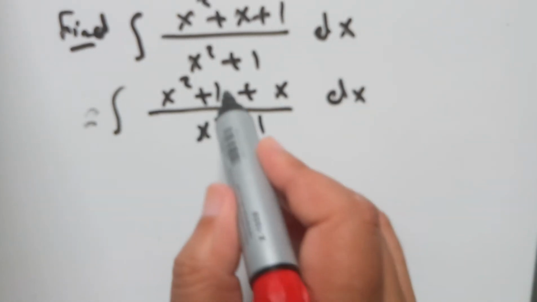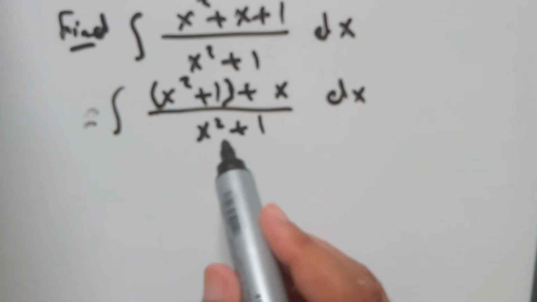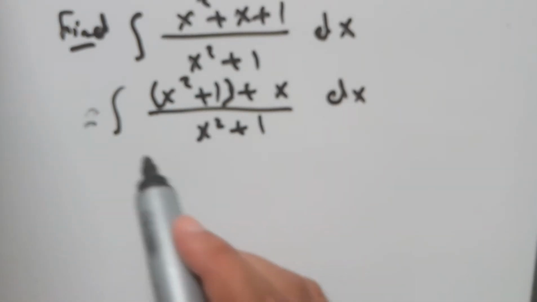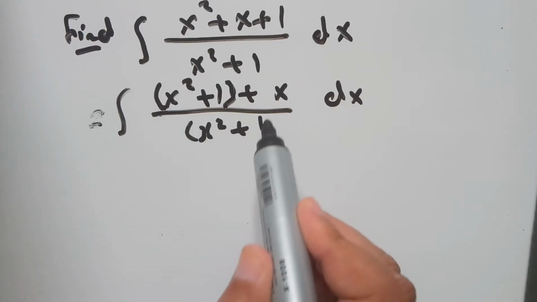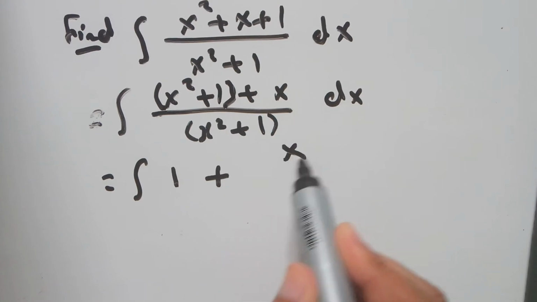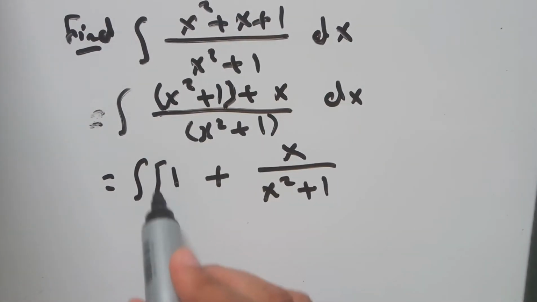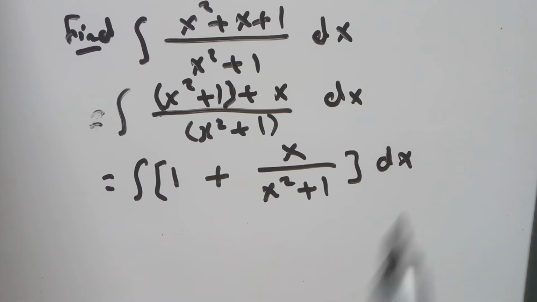You can form a group for the first two terms here and divide the numerator by the denominator. X squared plus 1 divided by x squared plus 1 will be 1, plus x over x squared plus 1 with respect to x.